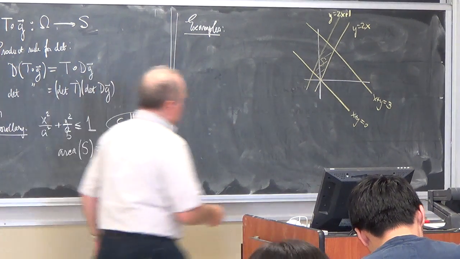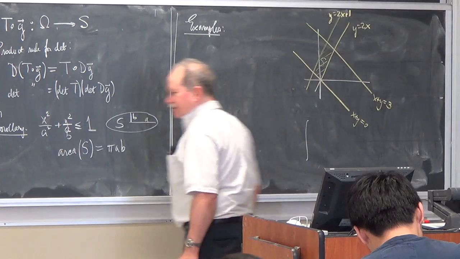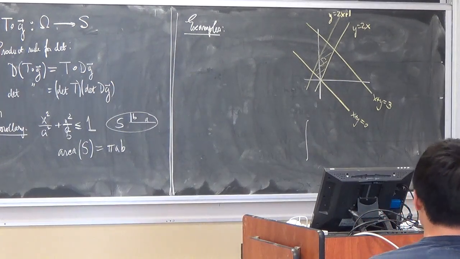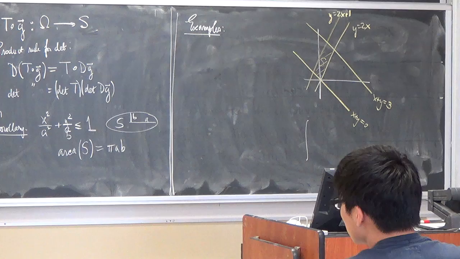And you could actually figure out what vectors make the sides of that parallelogram if you wanted to. Suppose I wanted to evaluate the following integral, which I now have to change because I changed the problem slightly.